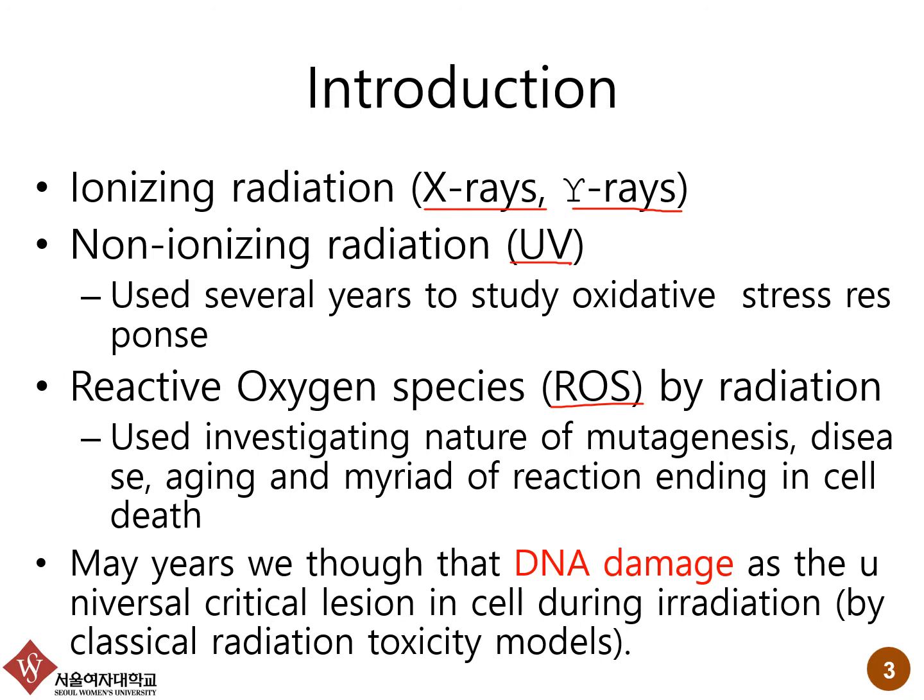For several years we thought that DNA damage is the universal criterion for cell death. During irradiation, especially ionizing radiation by gamma rays, the DNA is mainly damaged. So this is the classical radiation toxicity model, and we thought that DNA damage is the major cause of cell death.